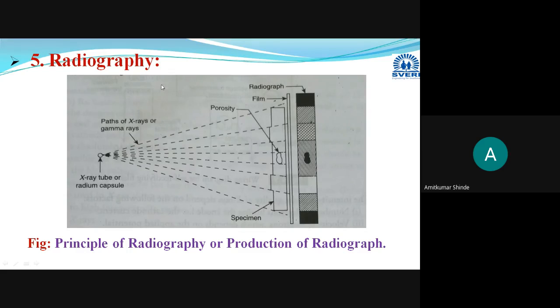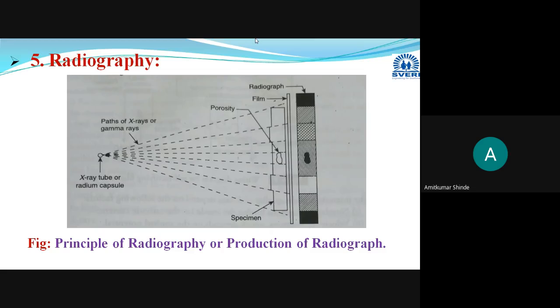And when you are using gamma rays, your source will be radium, or you can write in short radioactive materials like radium or cobalt 60. Then these rays will be gamma rays. The remaining part will remain the same, and this film will be termed a radiograph.